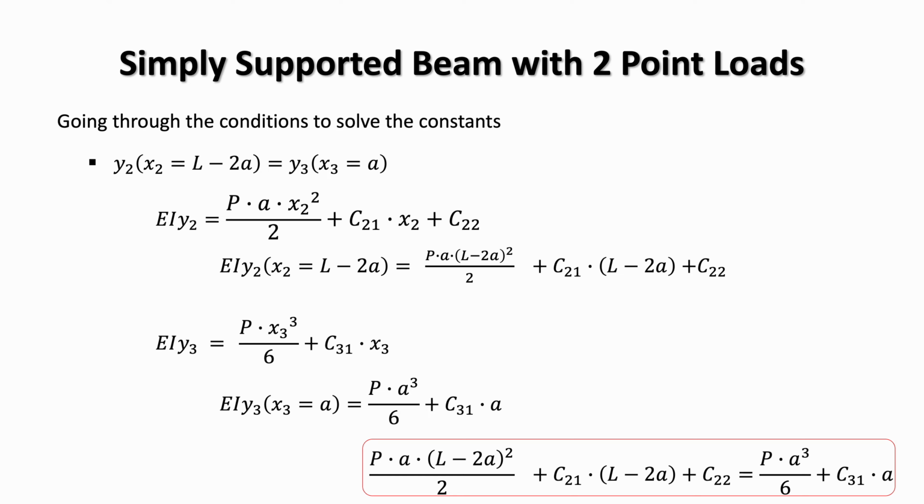Beginning with the expression in region 2 and substituting x2 equals L minus 2a gives us the expression pa (L minus 2a) squared over 2 plus c21 times (L minus 2a) plus c33. If we write the deflection expression in region 3, when x3 equals a, we'll arrive at pa cubed over 6 plus c31 times a. Equating the deflections at point C gives us the final equation linking the remaining constants.